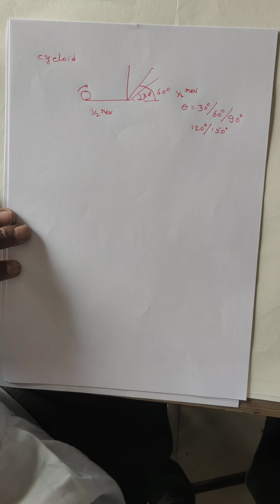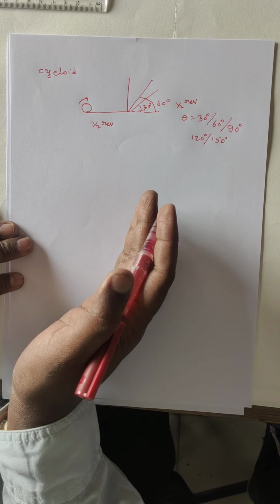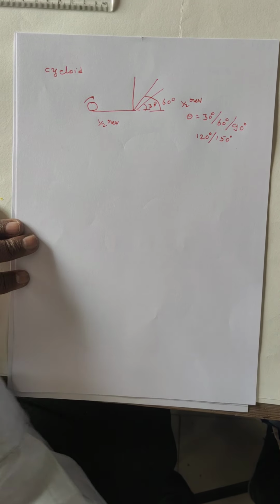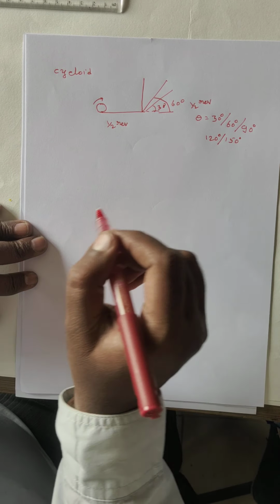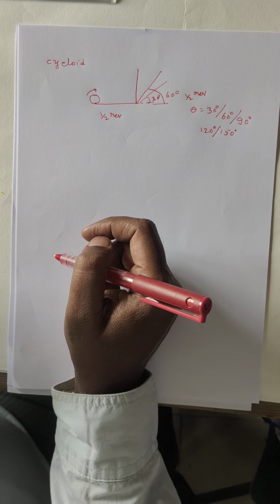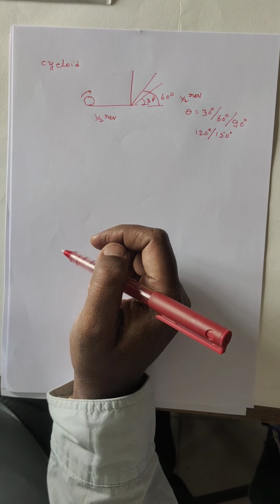Don't ask for 180 degrees. If it is 180 degrees, we will get the same reverse curve, so we can't get a new curve. So these are the possible angles. All these things, where the change will come, we'll discuss in the drawing.